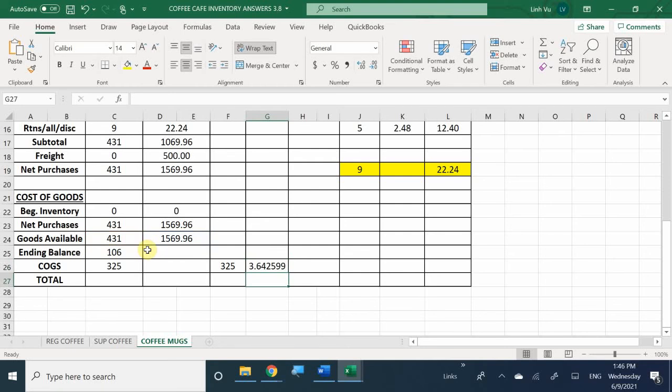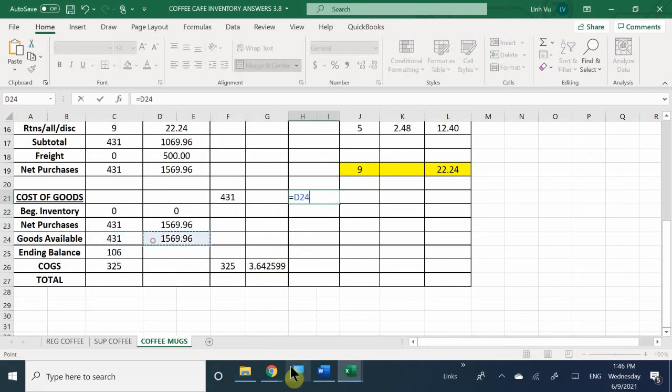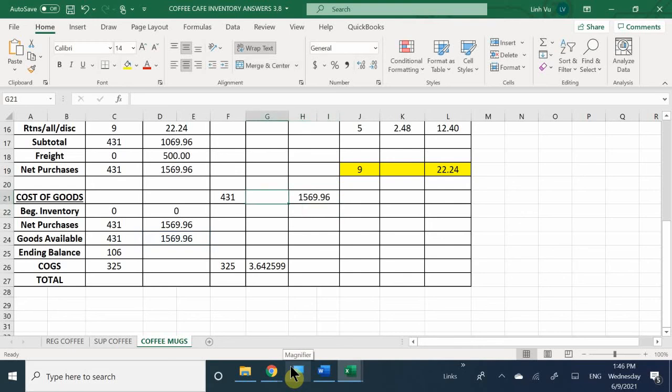Because when I do average costing, I don't care what batch came first. I don't care what batch came last. I care about looking at the grand total. So I'll do it here so you guys can see it. If I have a total of 431 items costing me a grand total of $1569.96, I now need to calculate my average cost per item.